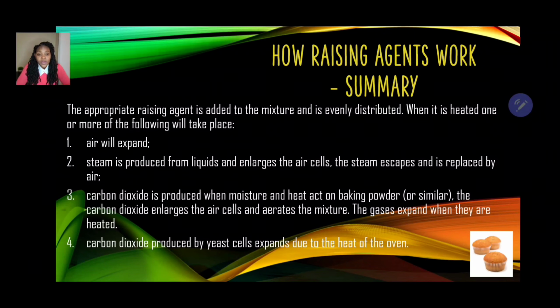And four, carbon dioxide produced by yeast cells expands due to the heat of the oven. So as you can see with these raising agents, the chemical raising agents, the main factor there is when the carbon dioxide is created to increase the volume or to aerate the product.